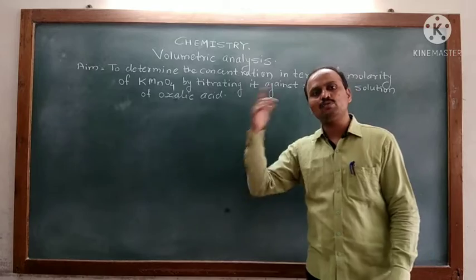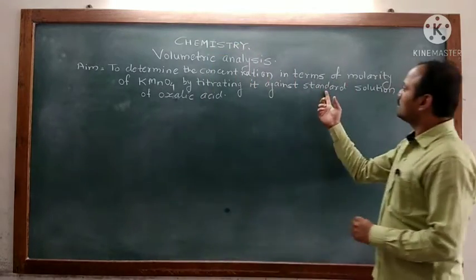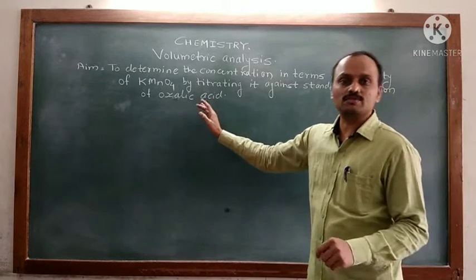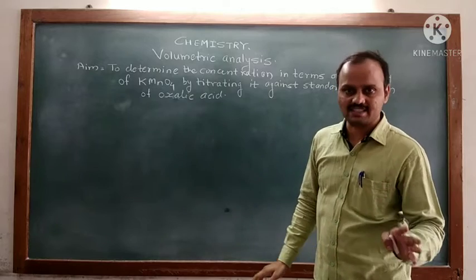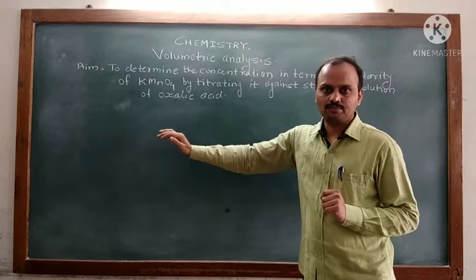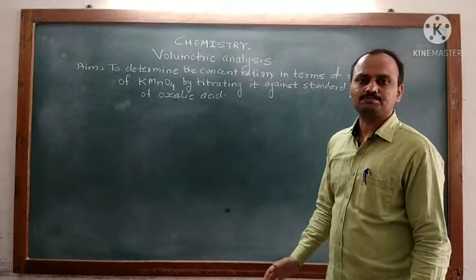The second type of titration, or second volumetric analysis, differs only in the standard solution. That standard solution is ferrous ammonium sulfate, or FAS. KMnO4 remains the same. Students, what is exactly the meaning of this?